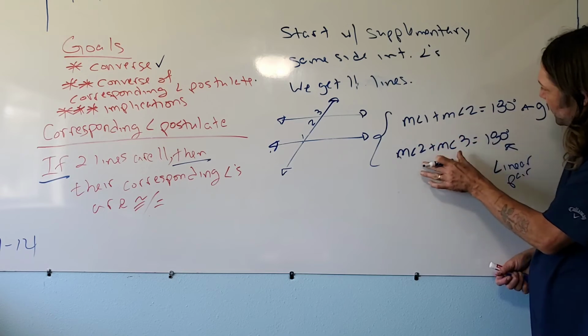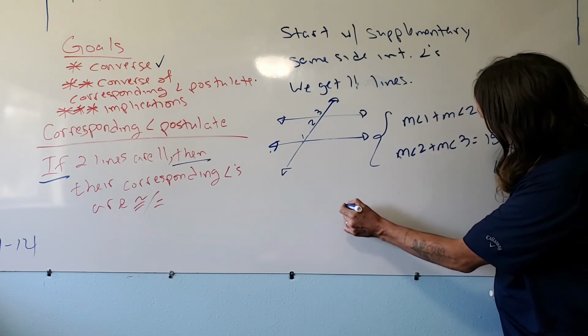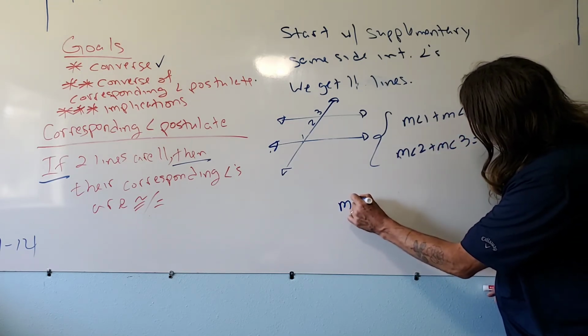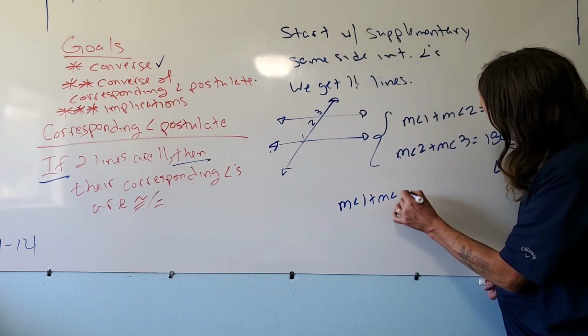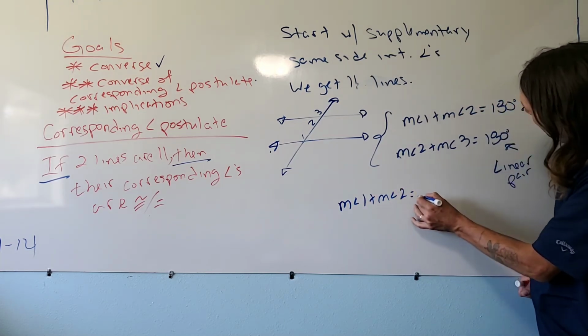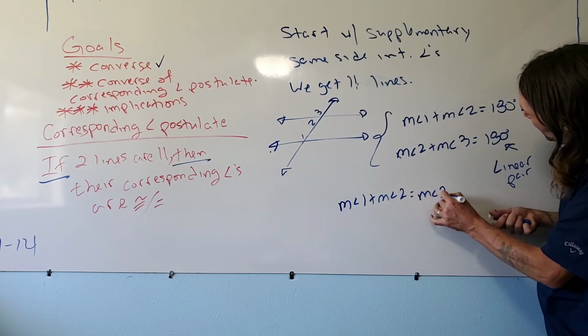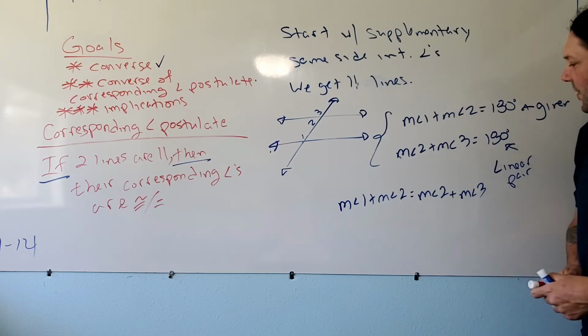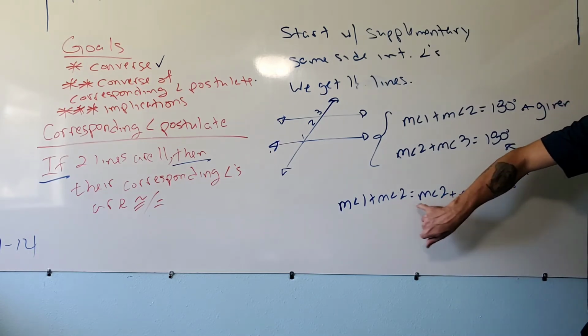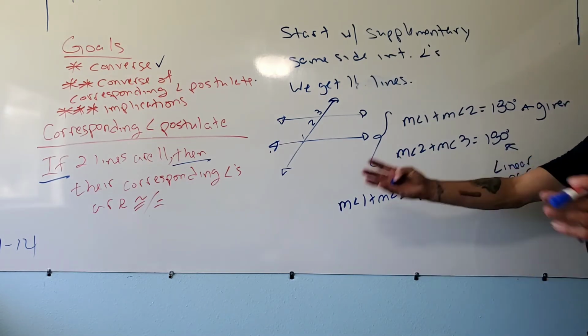So now I know that these two sides of the equation must be equal. So I can say very quickly that the measure of angle 1 plus the measure of angle 2 must equal the measure of angle 2 plus the measure of angle 3. Now notice that this equation has these two numbers on both sides. Remember, measures are how much they open.